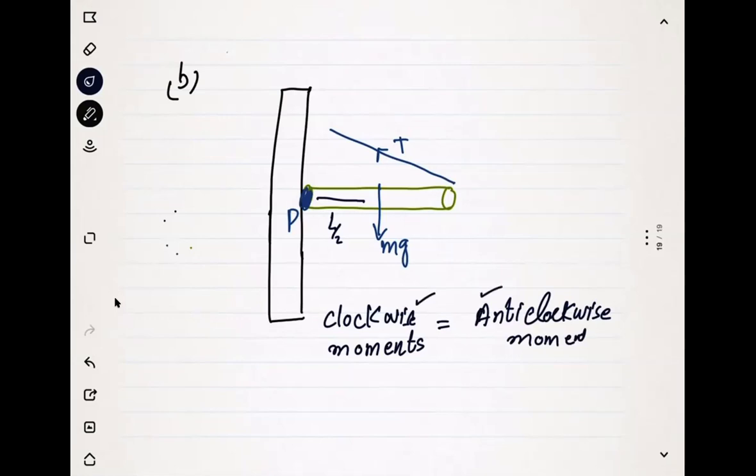An object in equilibrium will not have any rotational acceleration. Now mathematically, the clockwise moment would be due to mg, so mg times the distance.